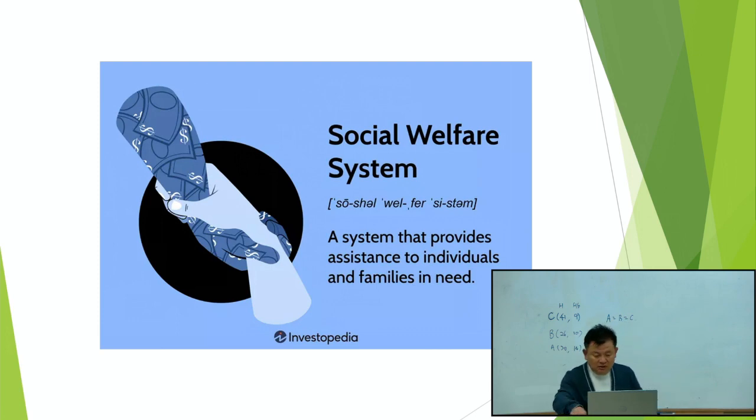So how do they control the social welfare system? This is very effective for elections. So many people need some assistance, so the social welfare system provides assistance to individuals and families indeed.